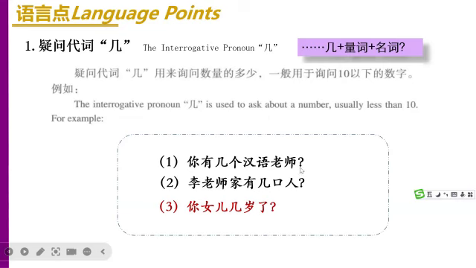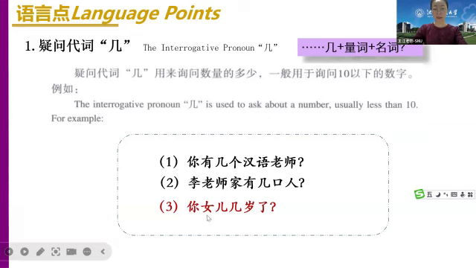How many Chinese teachers do you have? Number 2, 李老师家有几口人? How many people are there in teacher Li's family? 你家有几口人? How many people are there in your family?